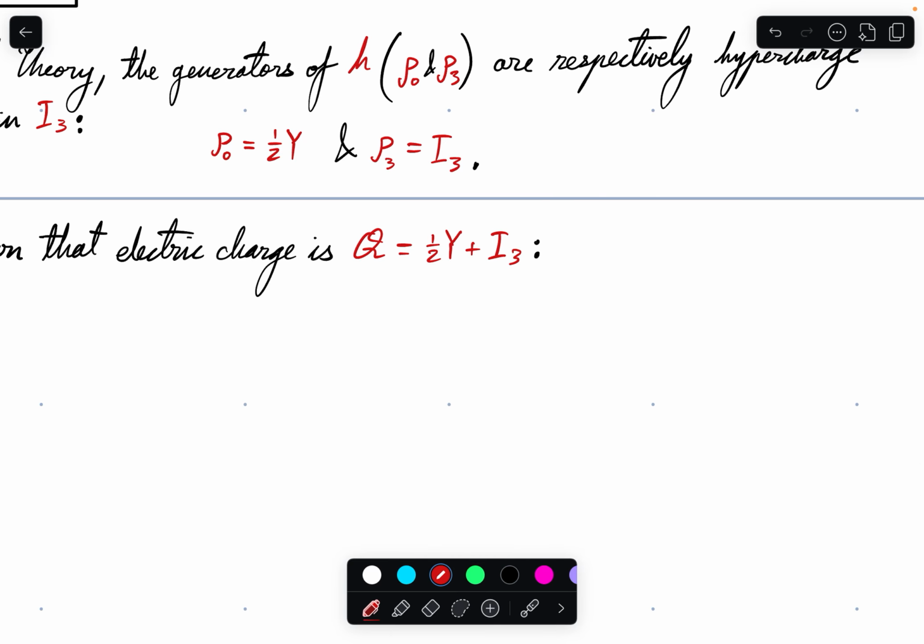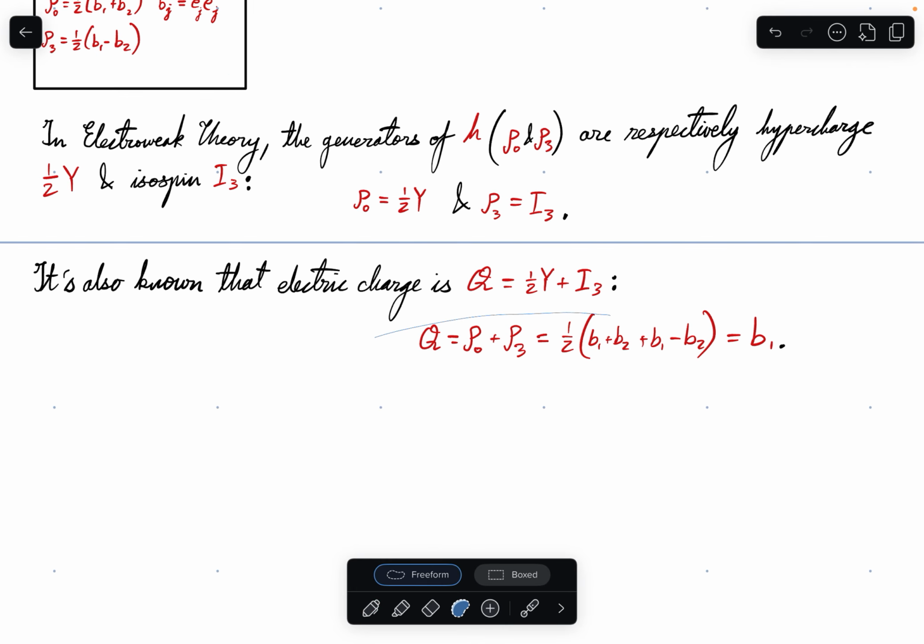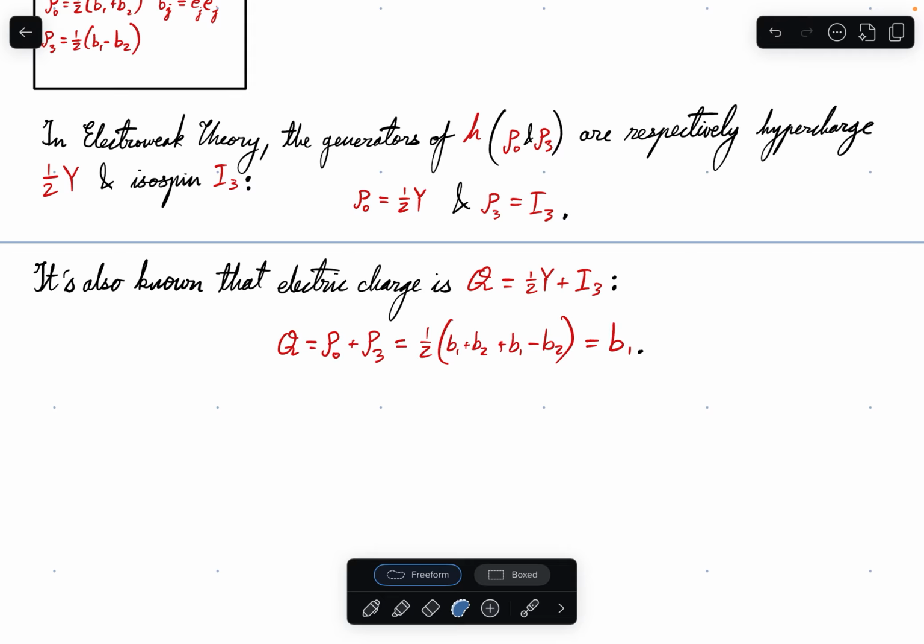So we get that Q is equal to rho naught plus rho 3, which is going to be 1/2 b1 plus b2 plus b1 minus b2, which is just b1. So now we have our definitions for hypercharge, isospin, and electric charge.